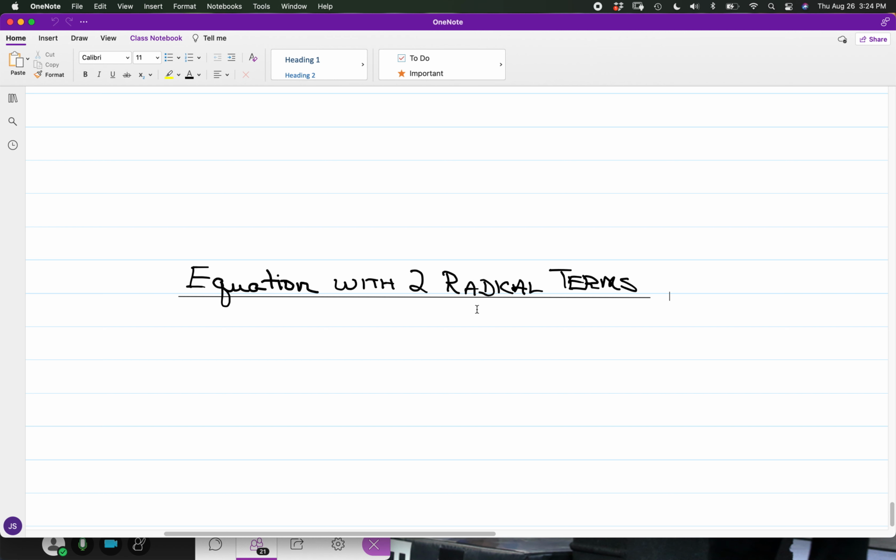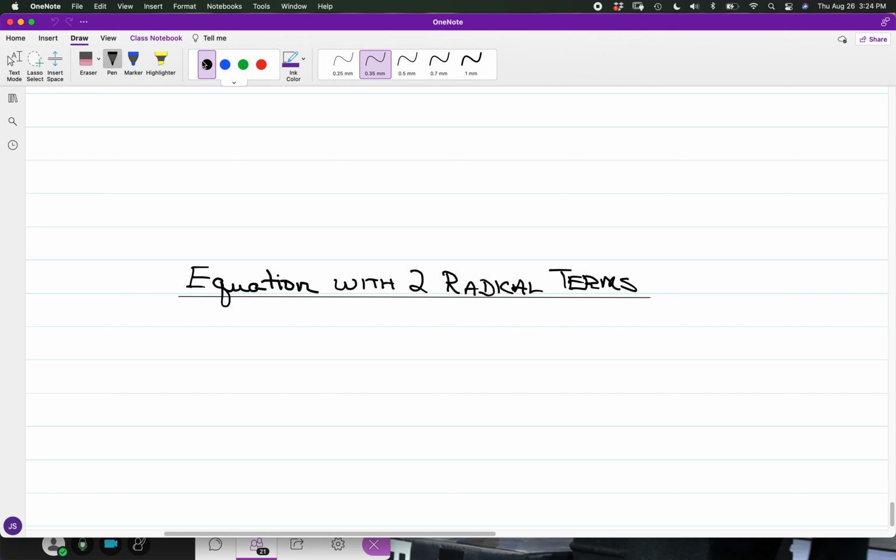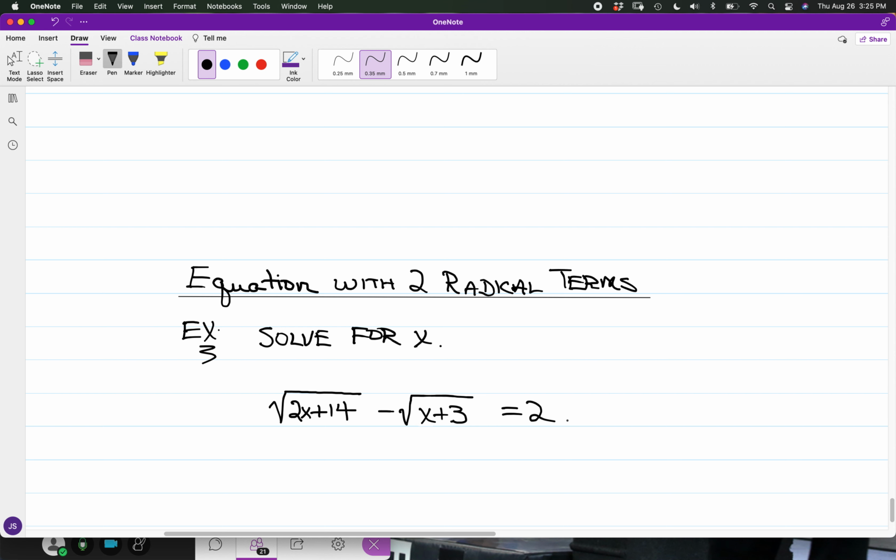And what I mean by this is, if you have an equation with two radical terms and you're looking at solving for x, we'll say for this particular equation we have the square root of 2x plus 14, minus the square root of x plus 3, is equal to 2.